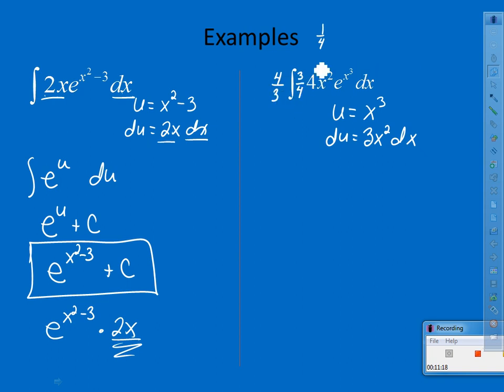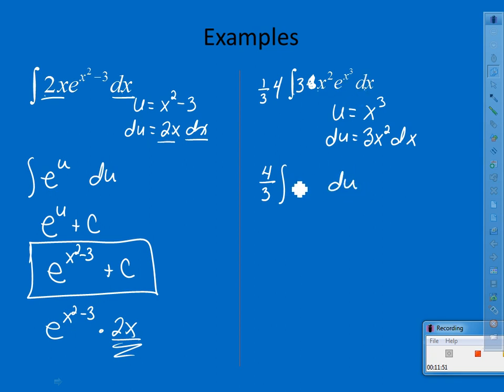You have the power, anytime there's a constant, you can just get that out of the way. Now you need a 3 right there, so put a 3, but put a 1/3 out there. And 1/3 times 4 is 4/3. So all of this now becomes this. I have 4/3 times the antiderivative of 3x squared dx becomes my du.